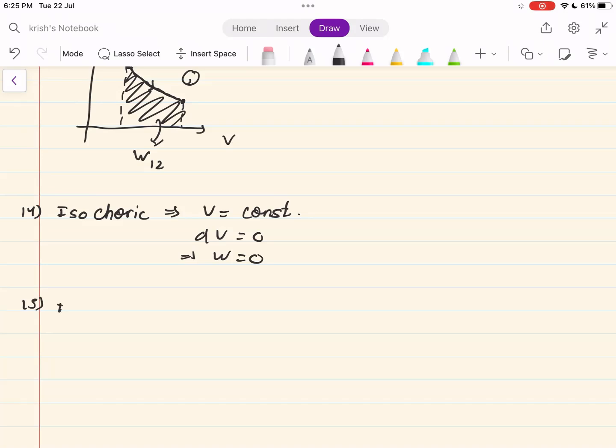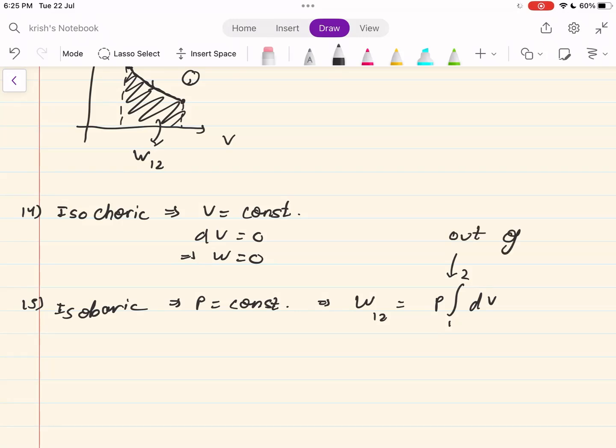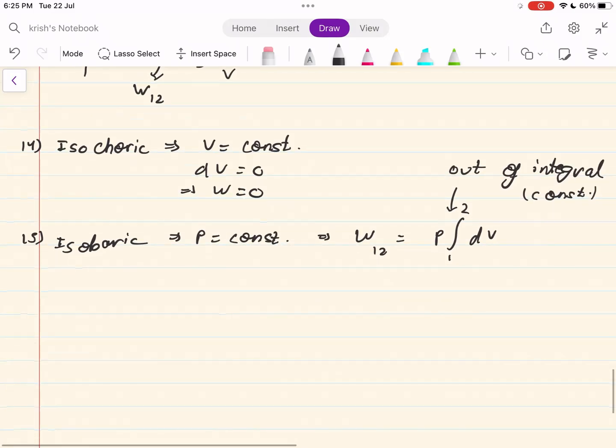We have isobaric process, where P equals constant, which implies work done from 1 to 2, we can take it out of the integral because it is a constant, right? I'm just going to go through this very briefly because we've already done this. P delta V.